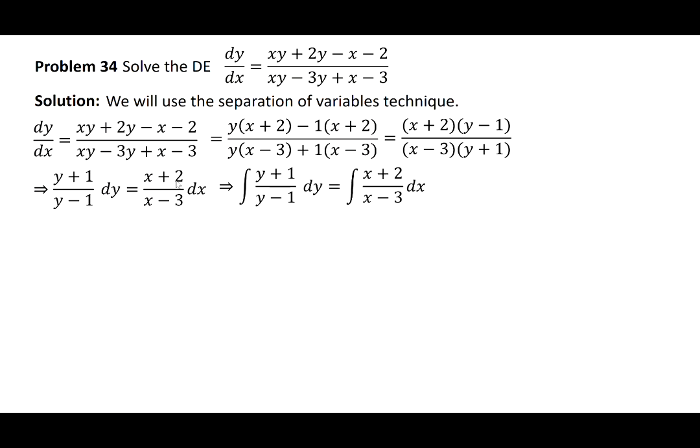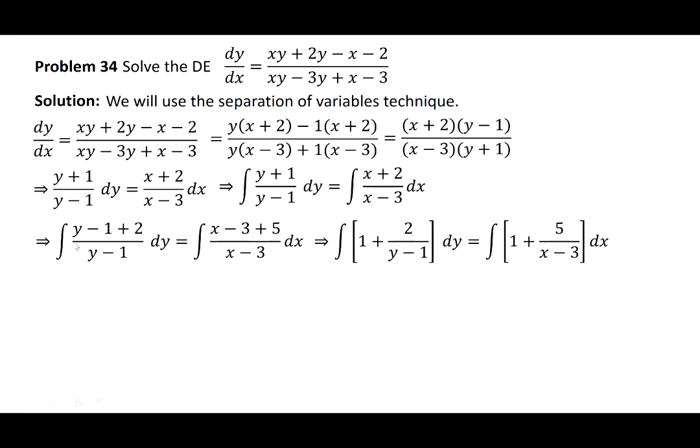Exactly. And so I did that in the next step. This is the idea. Then we can separate into two fractions, y minus 1 over y minus 1, which is 1, plus 2 over y minus 1. Integrate. You're done. Cool. Next.